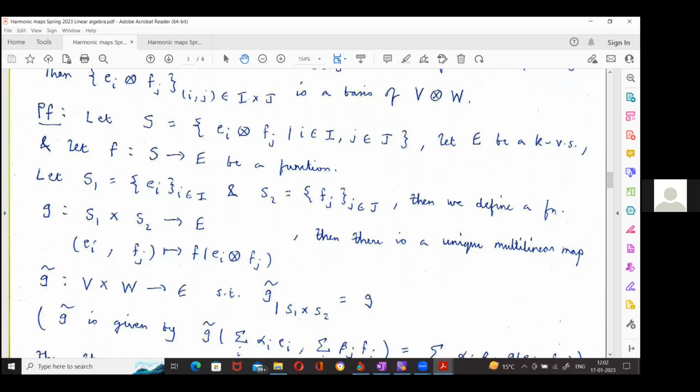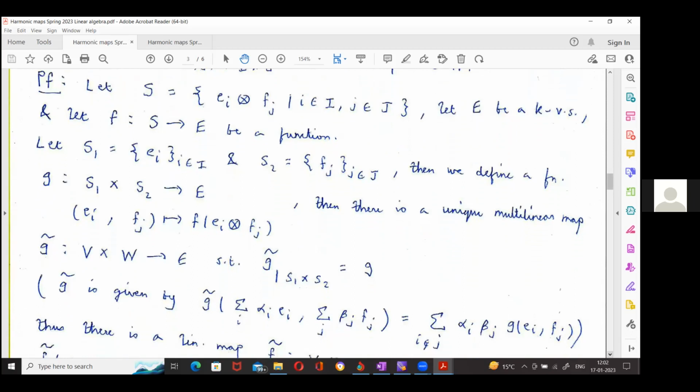So how do you define this unique multilinear map? Well, I have to define G tilde on an element of V cross W. So that is of the form summation alpha I EI comma summation beta j Fj, right?